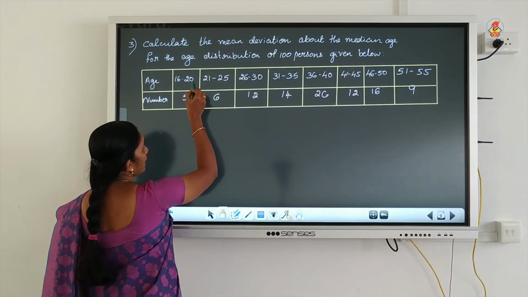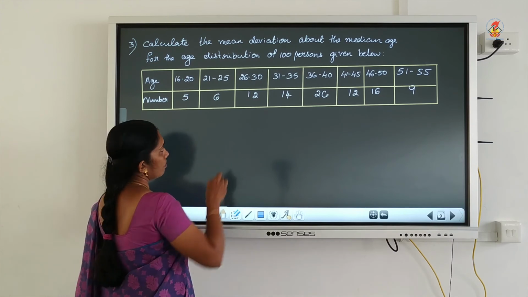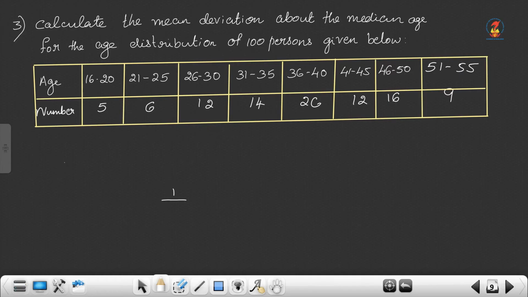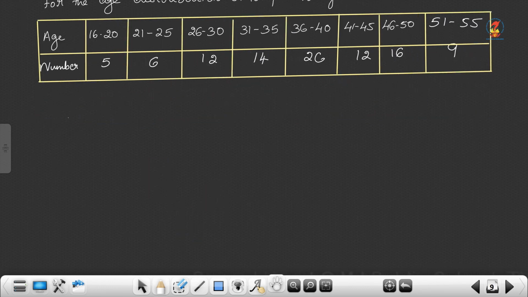Here 16 to 20, the next number is 21. So in every case the difference is 1. So find 1 by 2, it is 0.5. Subtract 0.5 from the lower limit, add 0.5 to the upper limit. So you will get a continuous frequency distribution.